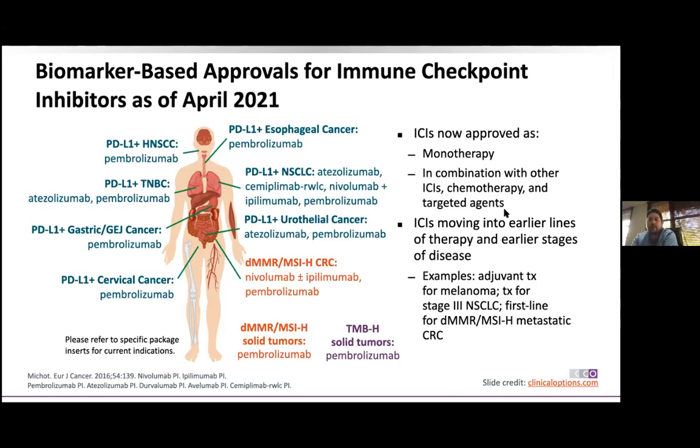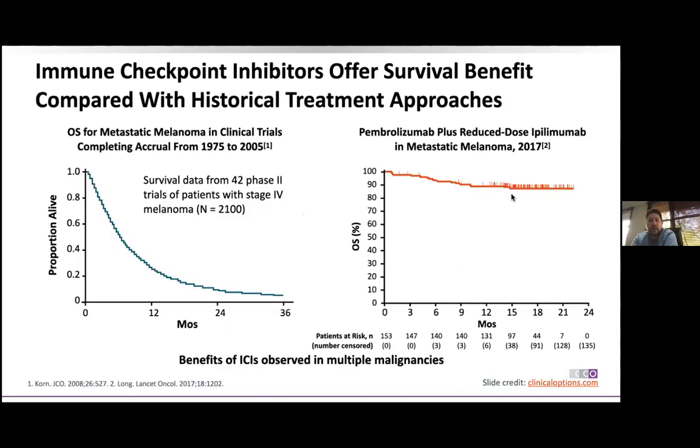You have immune checkpoint inhibitors being prescribed as monotherapy or in combination with other immune checkpoint inhibitors, other chemotherapy, and other targeted agents. They're often still regarded as second-line therapy, but this is being challenged due to the success rates in management of most conditions.